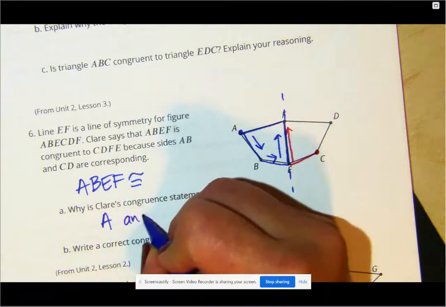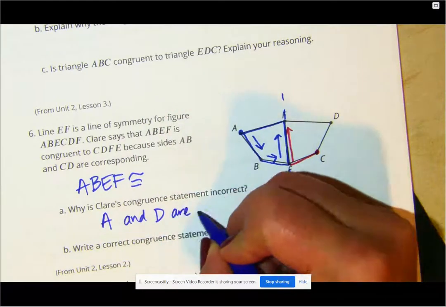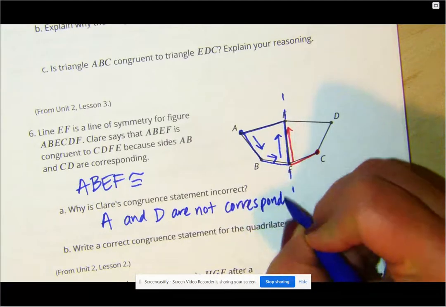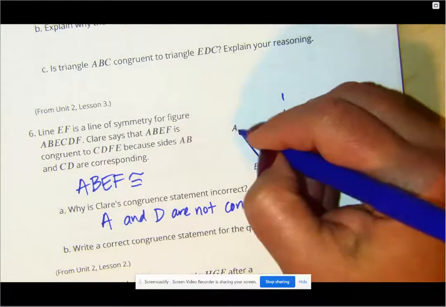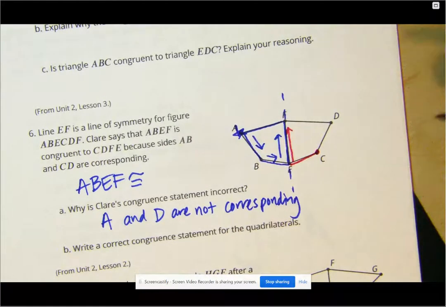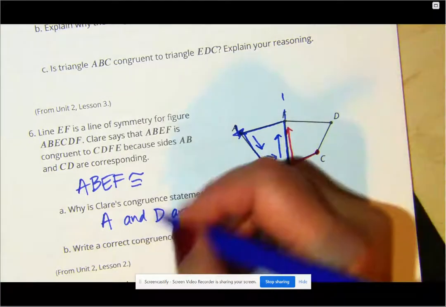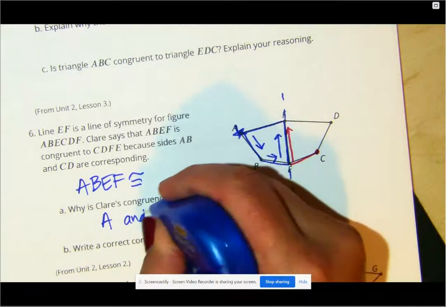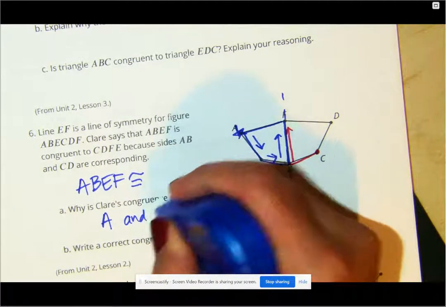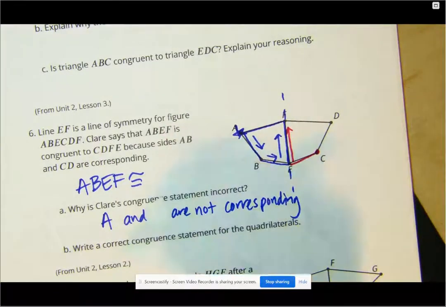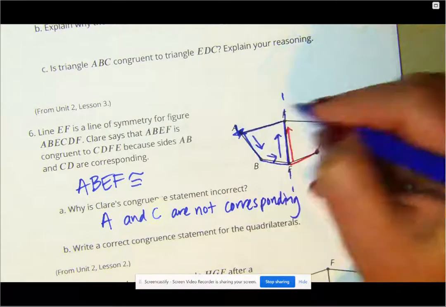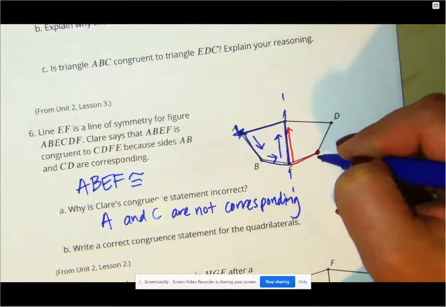A and D are not corresponding. You can see right here, look, A, or sorry, not A and D, A and C. That's what she said. Oh my gosh, Miss Austin, I'm just full of crazy statements today. If anybody caught that one, I'm not even going to bring it to anybody's attention. Okay, A and C are not corresponding. A should go with D, not C.